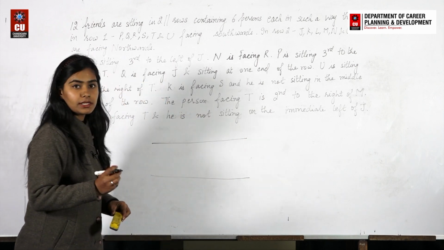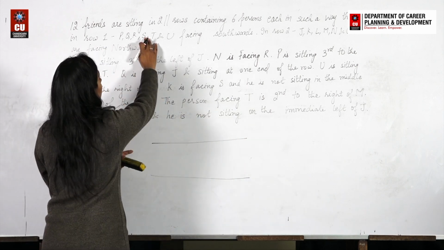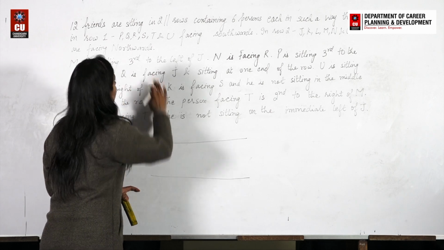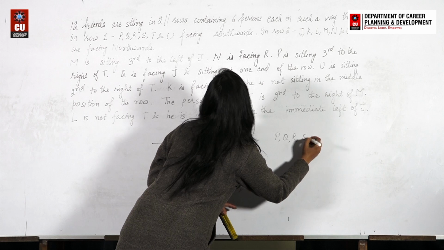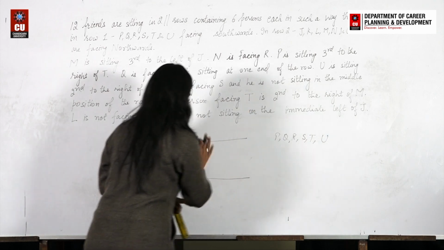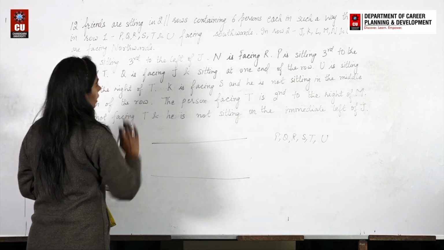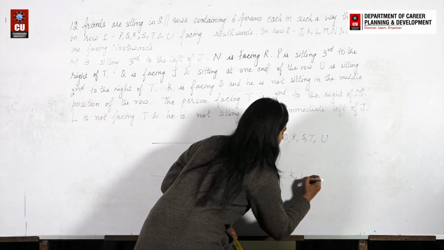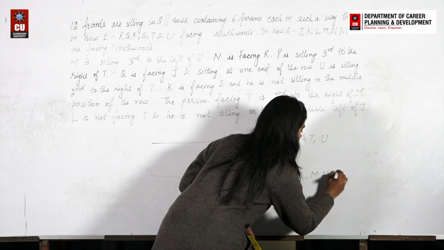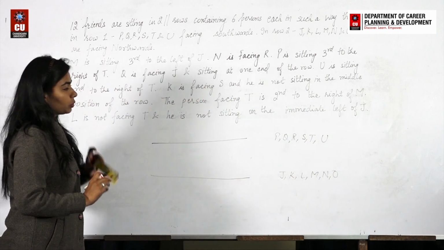Containing 6 persons each. In row 1, P, Q, R, S, T and U are facing southwards, and in row 2, J, K, L, M, N and O are facing northwards.